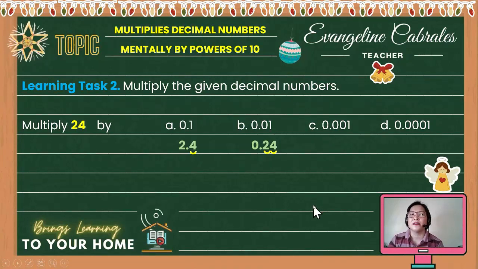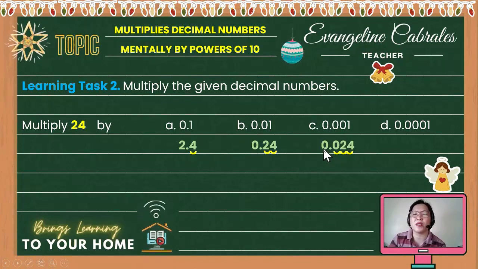Ilang beses? 3. Papunta saan? Sa kaliwa. So, iusod natin. 1, 2, 3. Anong ilalagay dahil may bakante? Tama, lalagyan ng 0. So, ang sagot ay 24,000. Nasa unahan na ng 0 na idinagdag mo ang decimal point at ang 0 sa kaliwa ng decimal point to represent the whole number.